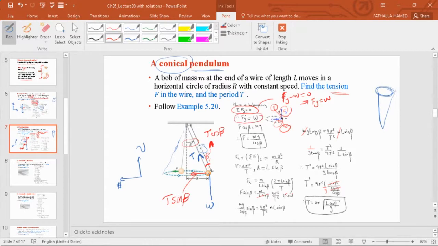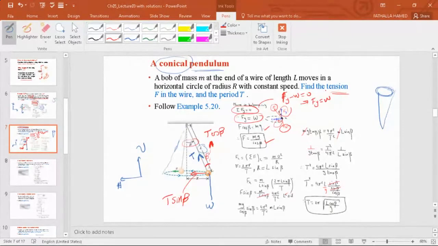We say the Y component of the force, or the tension in this case, should equal the weight. And I told you that should equal T cosine beta. We say here F cosine beta is equal to mg, so the F here will equal mg divided by cosine beta. And now we obtained the tension.